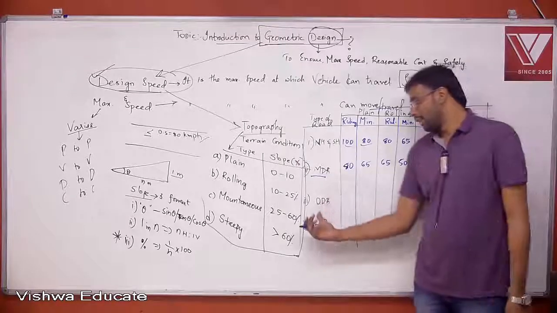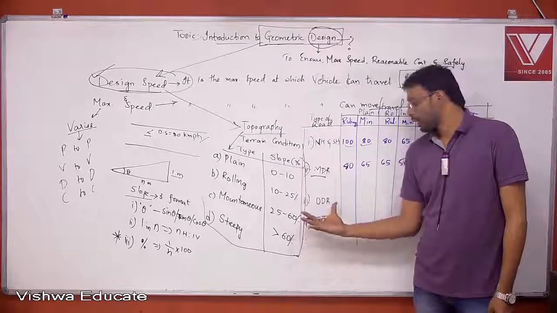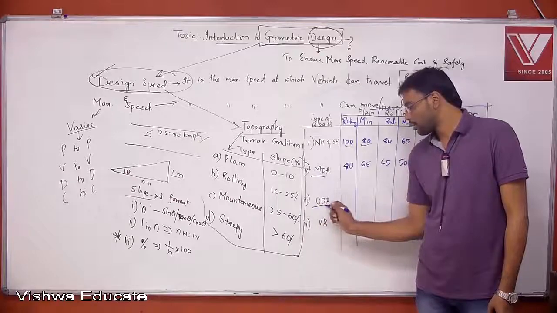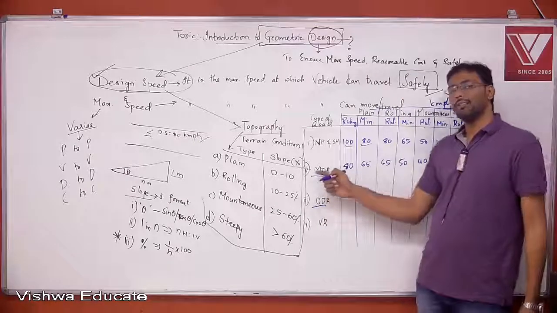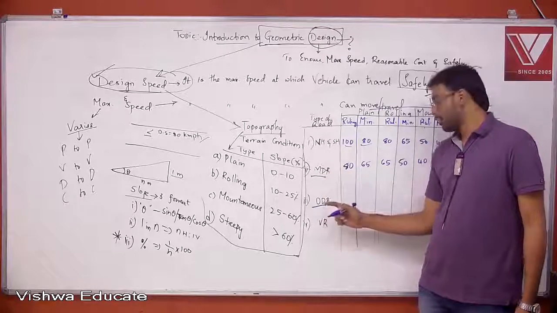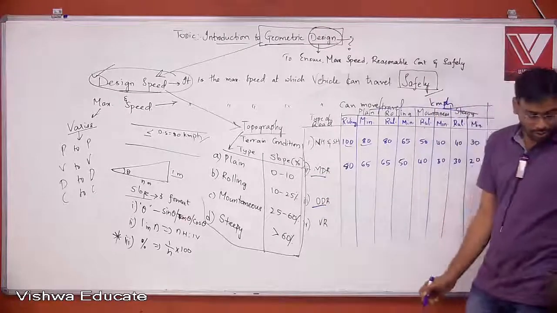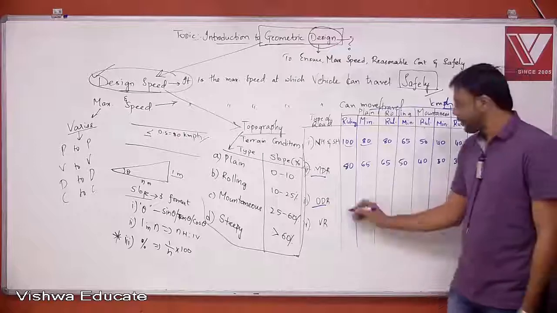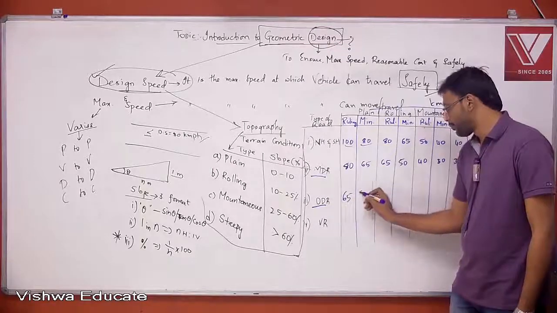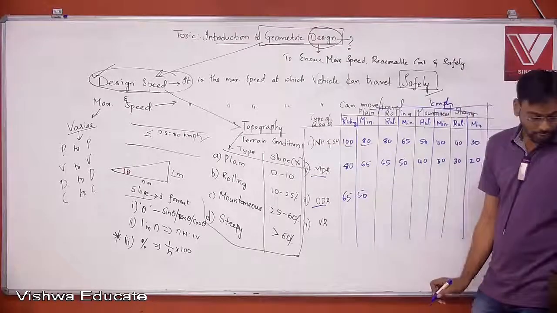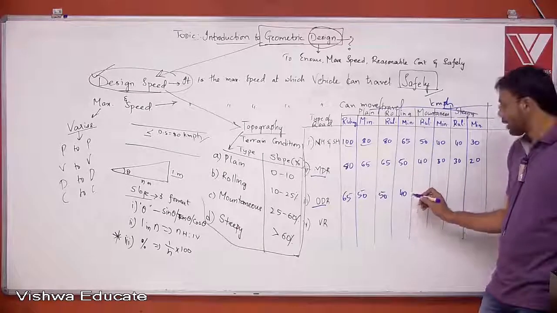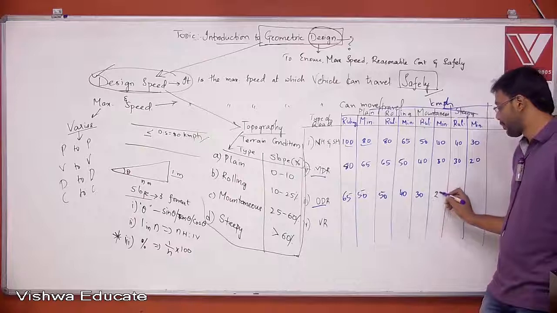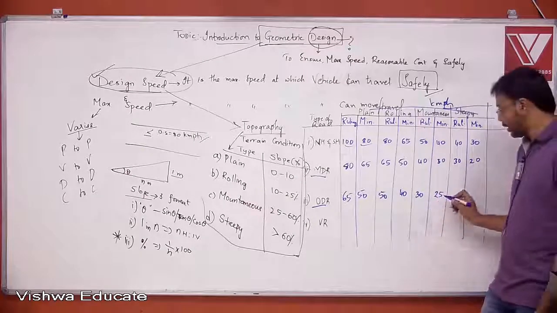And similarly, next one is a much lower category, that is other district roads. So the design speeds which are given in this line will be lesser, right, for ODR. So it starts with 65, 50, 50, 40, 30, 25, and 25, 20.